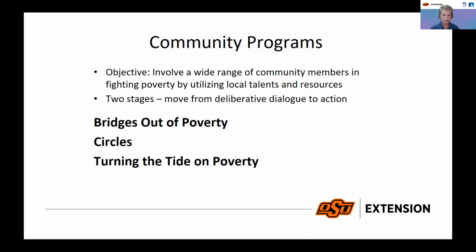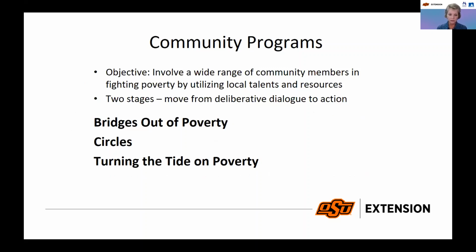So we talked about some community programs when we were beginning this program, and a variety of successful community programs have been used to help fight poverty. The common objective of the programs is to involve a wide range of community members in fighting poverty and by using local talents and local resources.